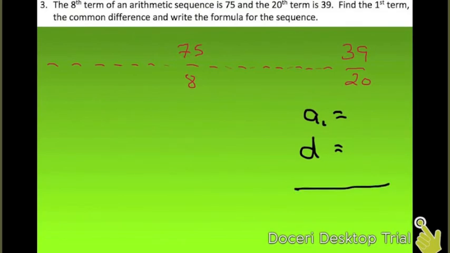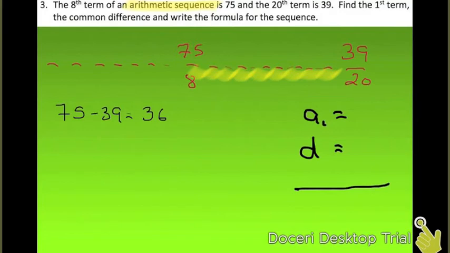Well, we know that this is an arithmetic sequence. They say it's arithmetic. So what we have to do is figure out what this is going up by each time so that we can get to 20. Well, it's the same amount. So to start out, we can do 75 minus 39, which gives us 36.